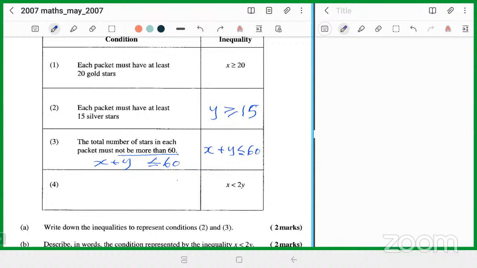Normally, they give you the statement and you write the inequality. What they are doing is flipping it now, giving you the inequality, and you have to put it in your own words. When you are putting it in your own words, try to say it the way they would have said it. You're able to do that when you practice and do a lot of past papers, and you get to know the language.